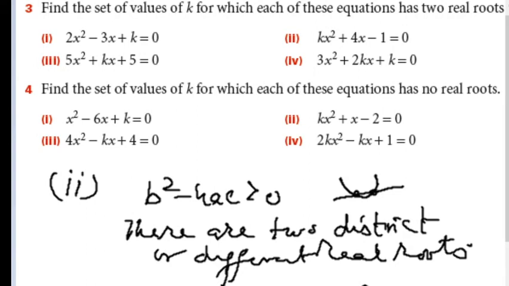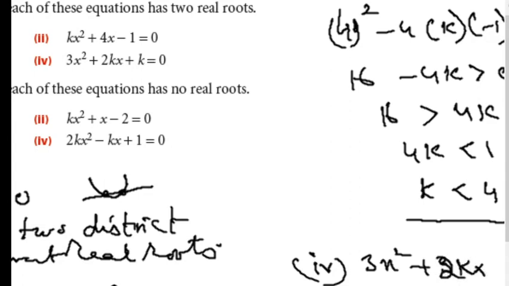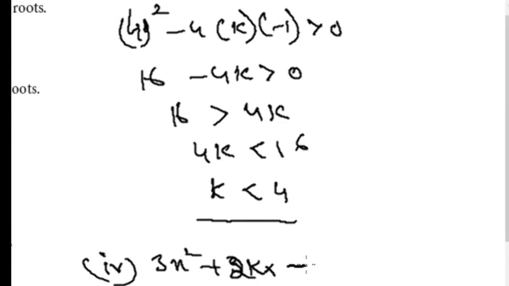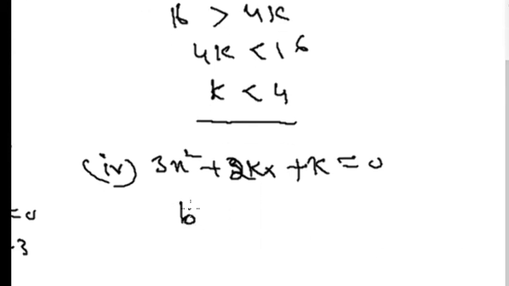I'm doing part 4. Part 4 is 3x square plus 2kx plus k equal to 0. Two real roots means discriminant greater than 0, b square minus 4ac greater than 0.